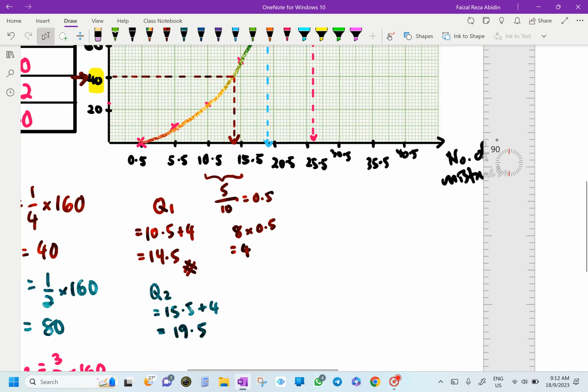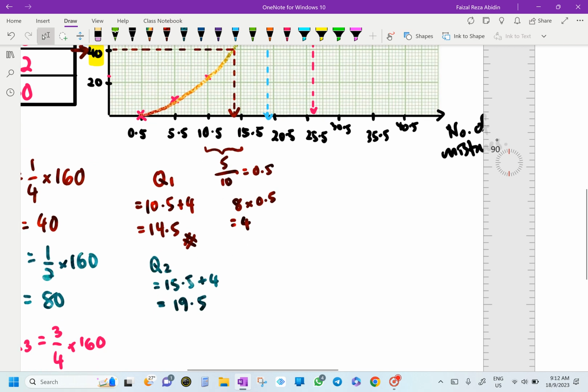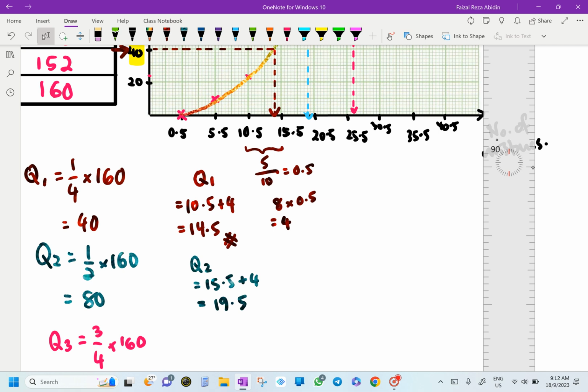So that means 2 times with 0.5 is going to be 1. So I'm going to get my Q3 over here as 25.5 plus with 1, so I'm going to get 26.5. It depends on your graph there. Can you understand?